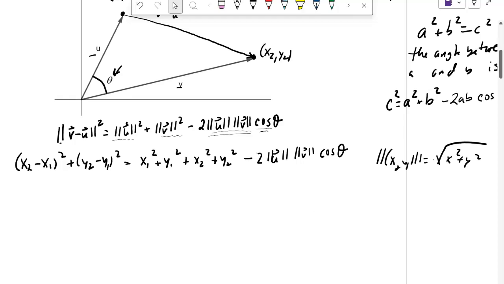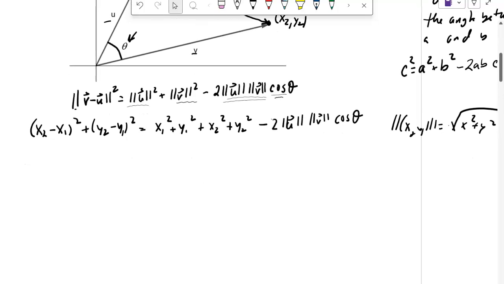Now let's just multiply things out and see what we get. We FOIL out the left-hand side here. We get x2 squared minus 2x1 x2 plus x1 squared, don't we? You agree with that?